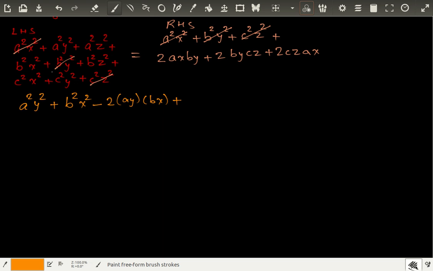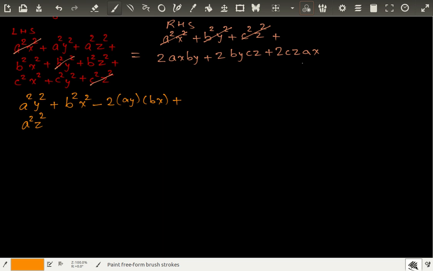Plus, then we have a²z². We can see that we have a z term over here.